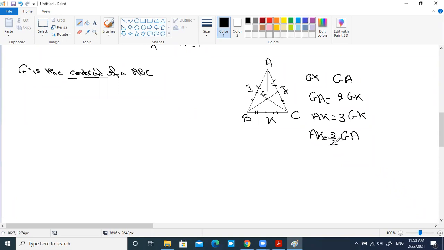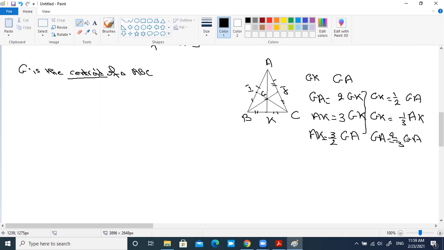It's 3 over 2. Equivalently, GK is 1 over 2 GA, and GK is 1 over 3 AK, and GA is 2 over 3 AK. They are reciprocals of each other.